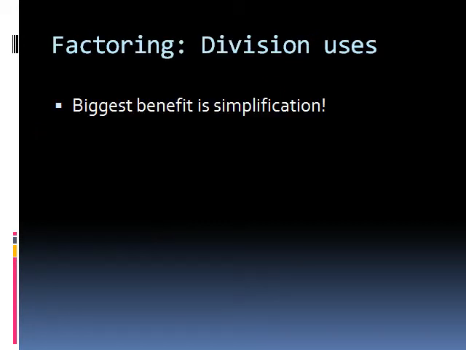So what is the use of factoring? Well, the biggest benefit of factoring is to simplify some of the very complex algebraic expressions that you can find in math problems.